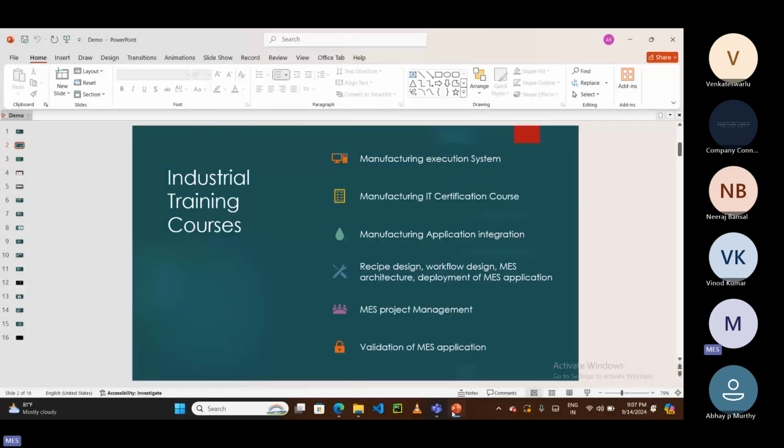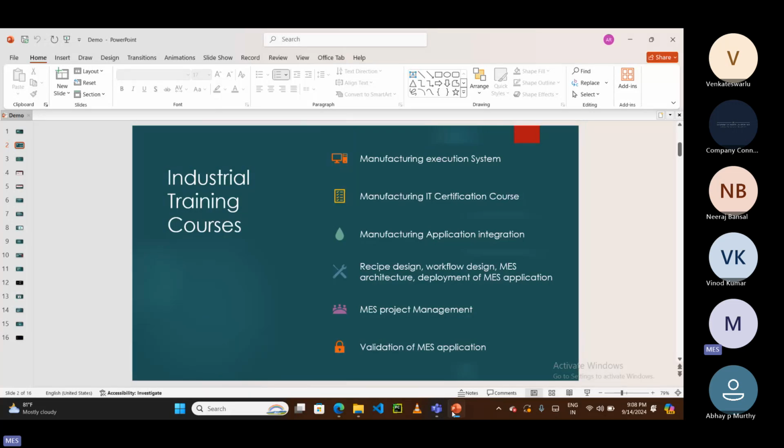This training is not especially for one specific application like FTPS, PasX, or OP Center. You will be ready to work for any kind of pharmaceutical company, for any kind of MES application. This is a certified training course, and you will get a certificate after completion of the training.